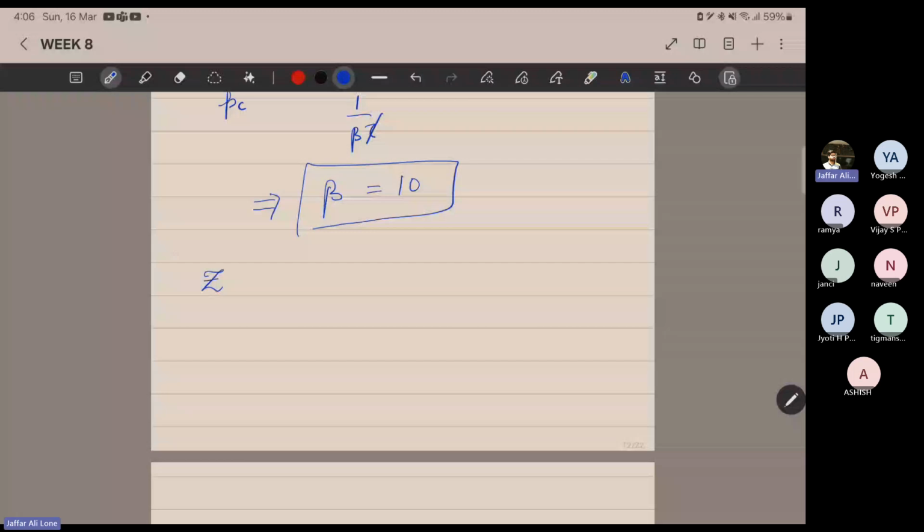The question is, with the pole of the compensator PC at minus 0.01, the compensator zero is located at what?